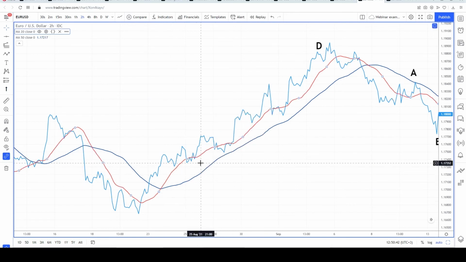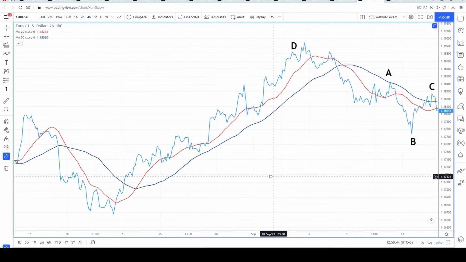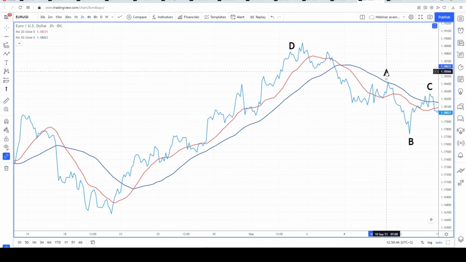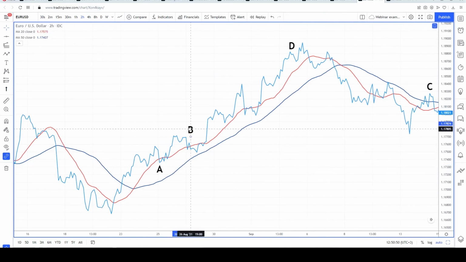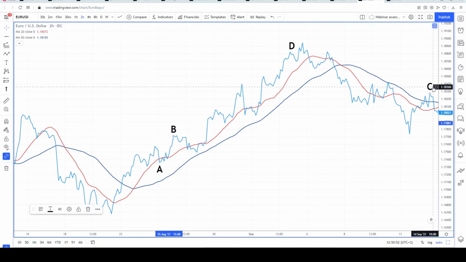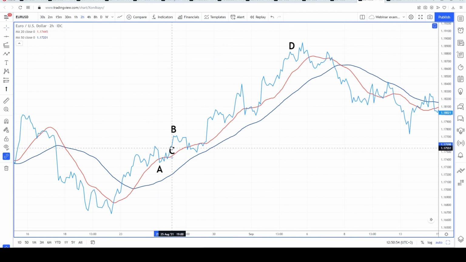The main idea is that you want to look for these ideas, the bullish ABCs, when you have the 20-period moving average above the 50-period moving average. And then obviously your point D is going to be where you place your target level.